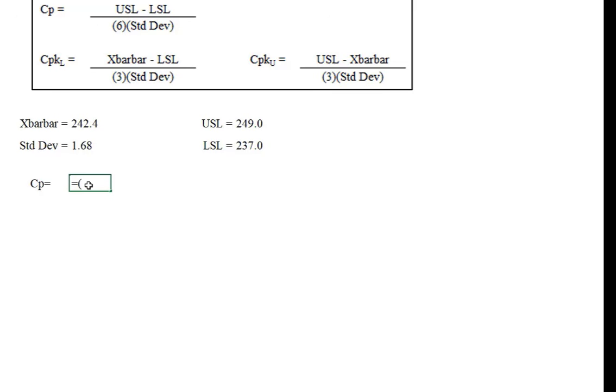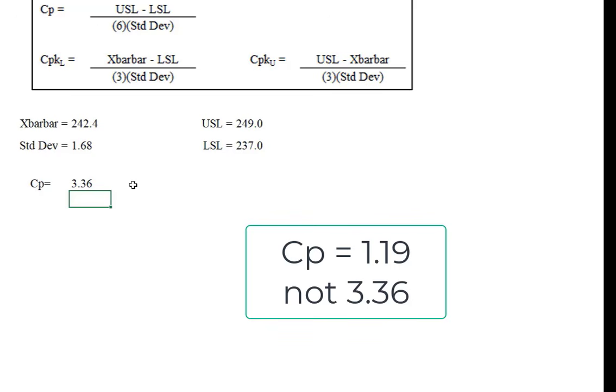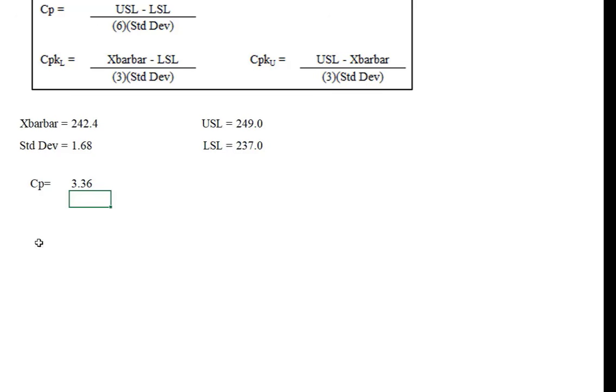We'll say the upper specification limit, which we said was 249, minus the lower specification limit of 237, divided by 6 times our standard deviation, which we said was 1.68. And it says our CP value is 3.36. Do not say 3.4 because it needs to be to 2 decimal places. So there's our CP value.